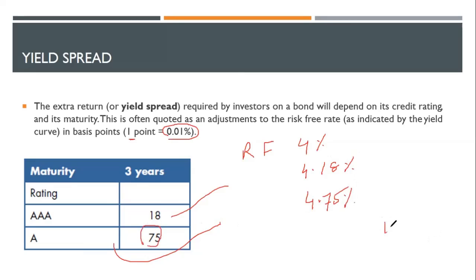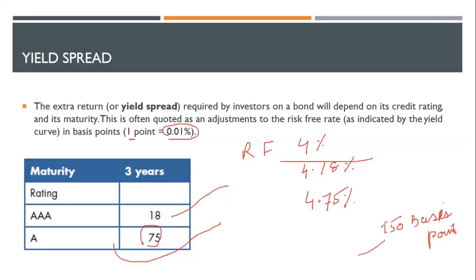Sometimes it is 150 basis points. We say that the company estimates that their bonds will be issued at 150 basis points, and the risk-free rate is 4%.